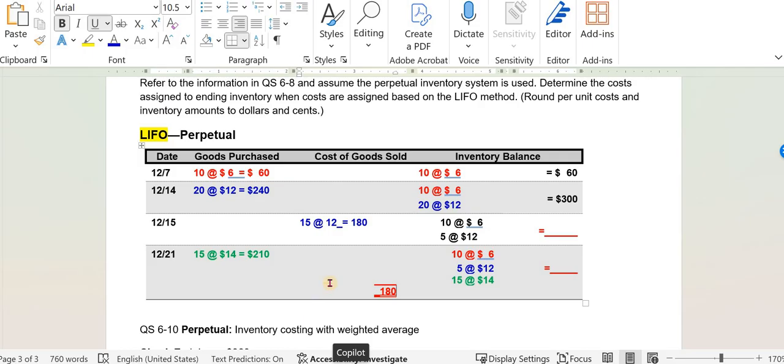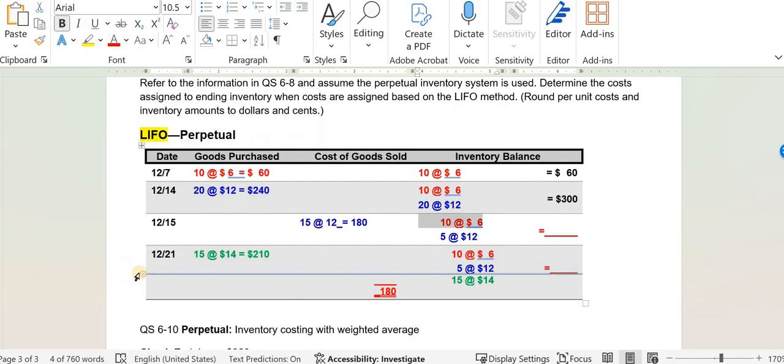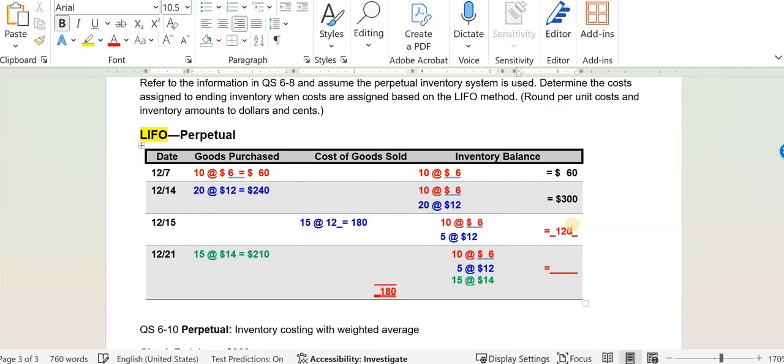What's left in inventory? Well, I had 20 of these blue ones. I used 15, so I got 5 blue ones left, and I got all the red ones left, don't I? Haven't touched them. So what's my inventory? 60 and 60 is 120. What's the last thing we did? The last thing he went and he bought himself 15 more units.